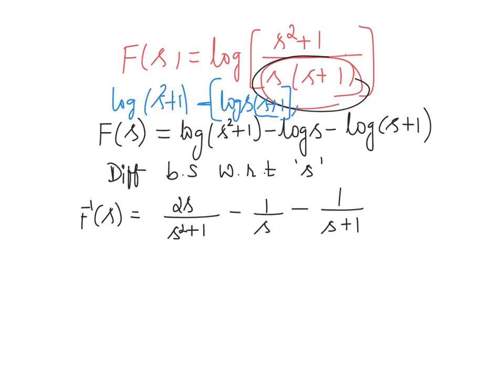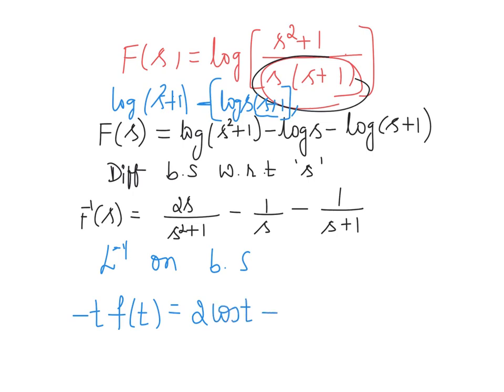Next we apply inverse Laplace transform on both sides. We get, on the left side, minus t into f of t. On the right side, based on the formula, 2 keeping out s divided by s square plus 1, it is a standard form, written as cos t, minus 1 by s is 1, minus e power minus t.